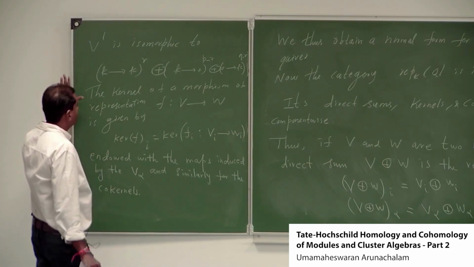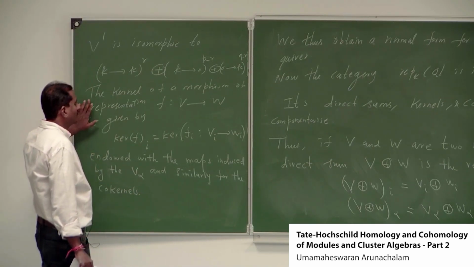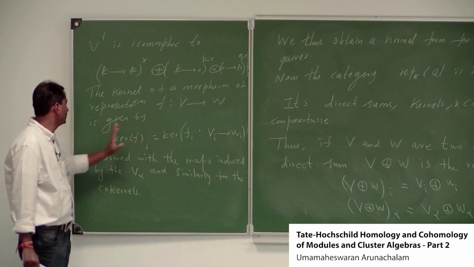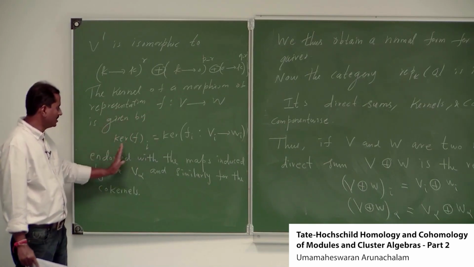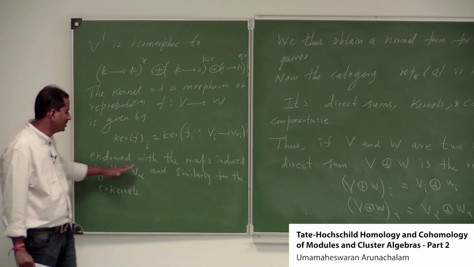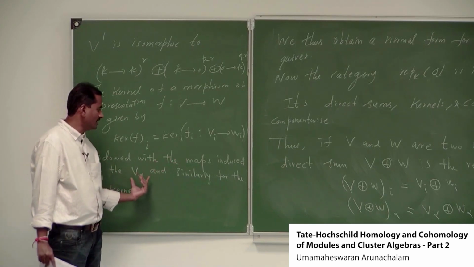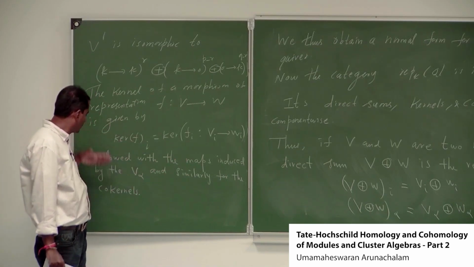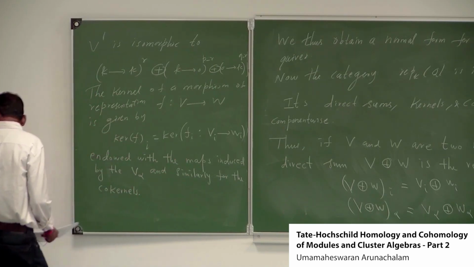So this is the kernel of a morphism of representations. We are defining it like that, endowed with the maps induced by V alpha, and similarly we can define the co-kernels.